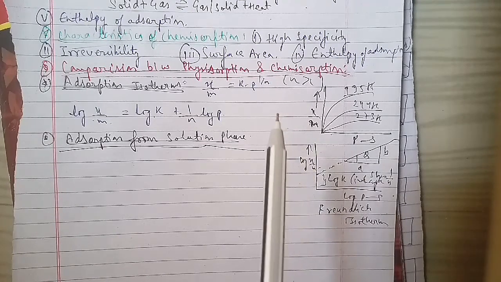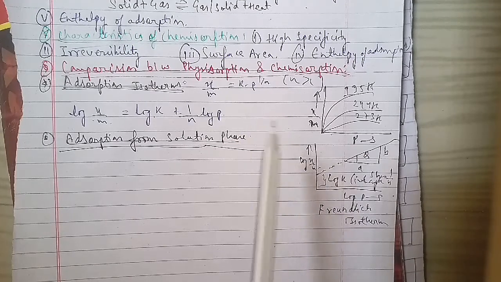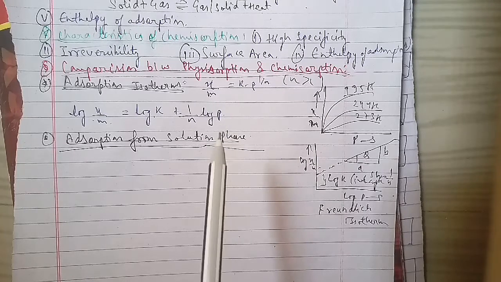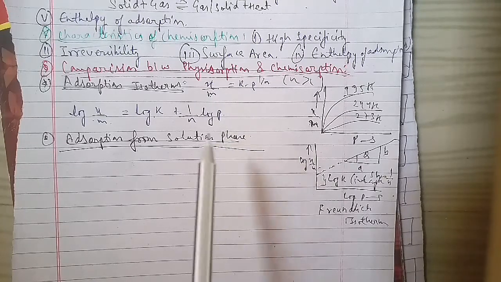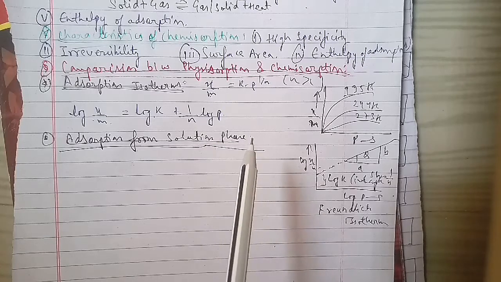The third observation is that the extent of adsorption depends on the concentration of solute in solution. And the fourth observation is that the extent of adsorption depends on the nature of the adsorbent and the adsorbate as well.